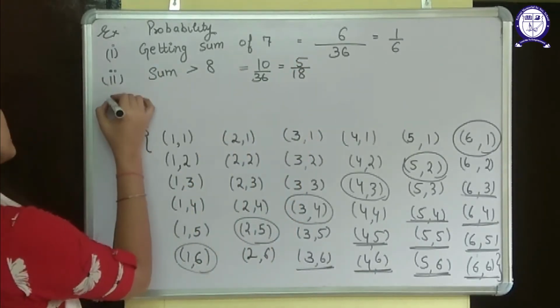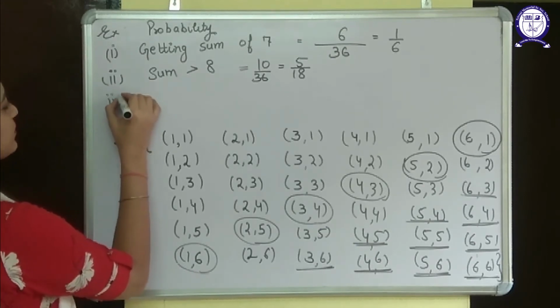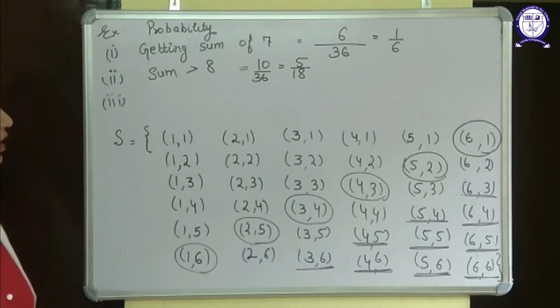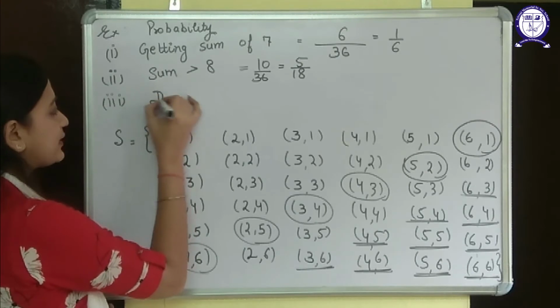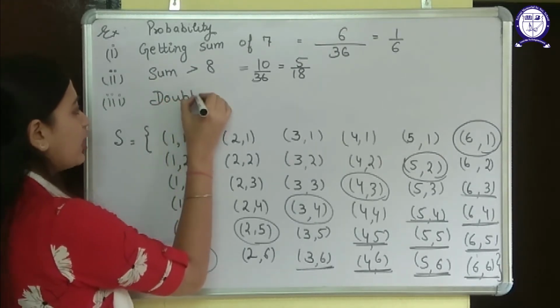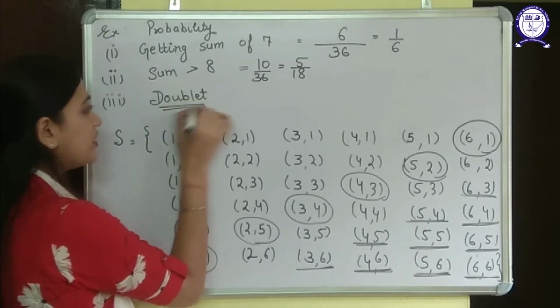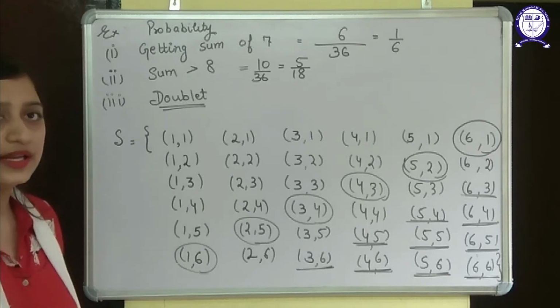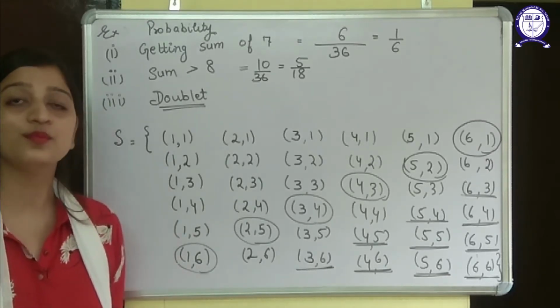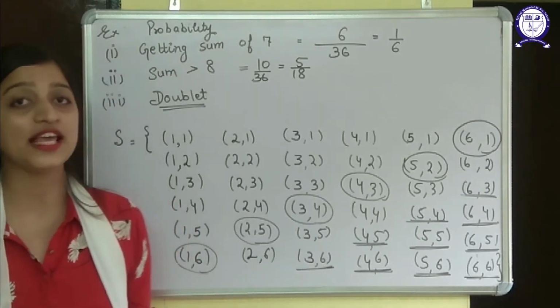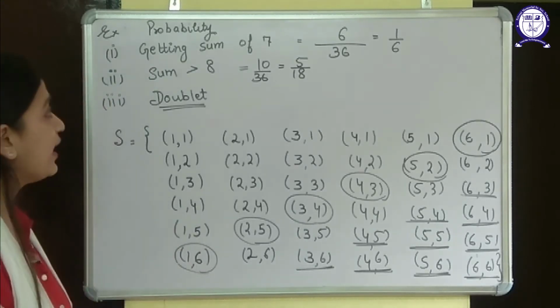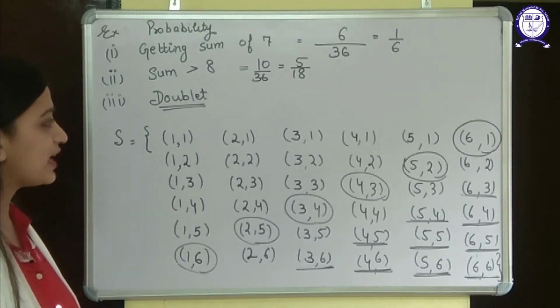Okay. Now suppose the question is getting a doublet. Now there is one more term in this question, that is doublet. Doublet means that both the coins have same face on it. Okay. Where do I have the same faces?